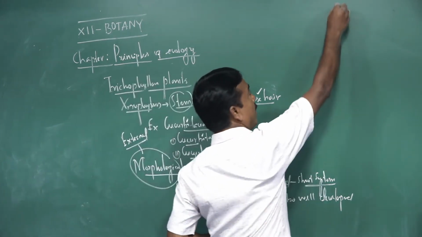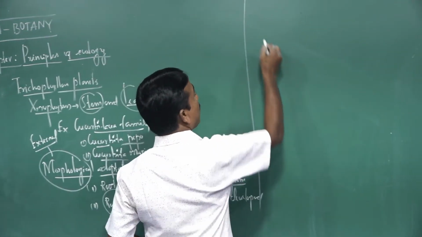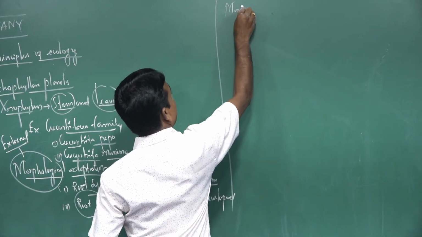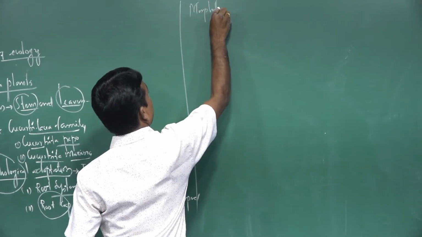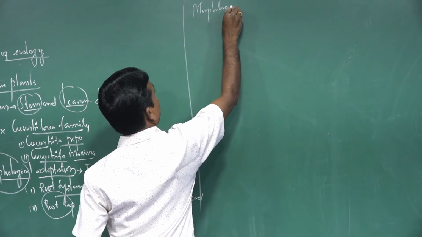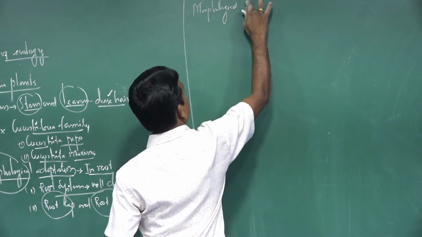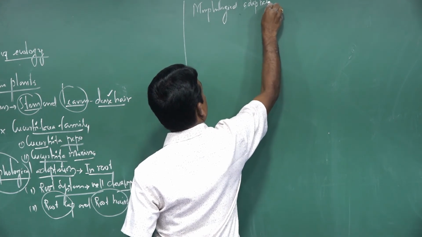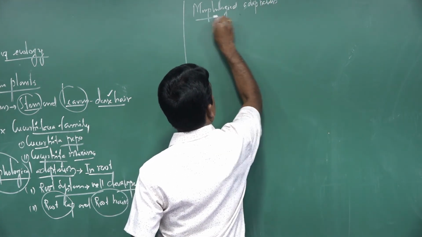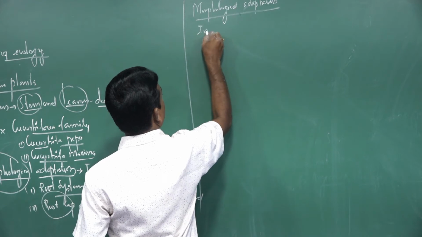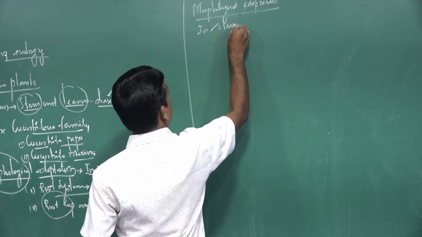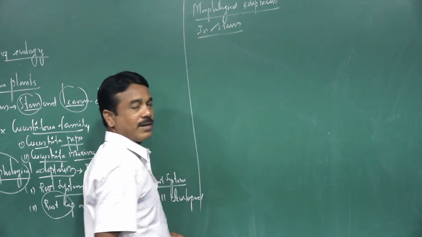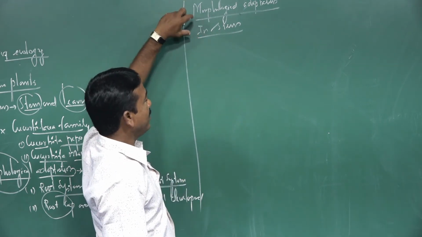Can I go to the next one? Morphological adaptation in the stem. What adaptations may be present in the stem?